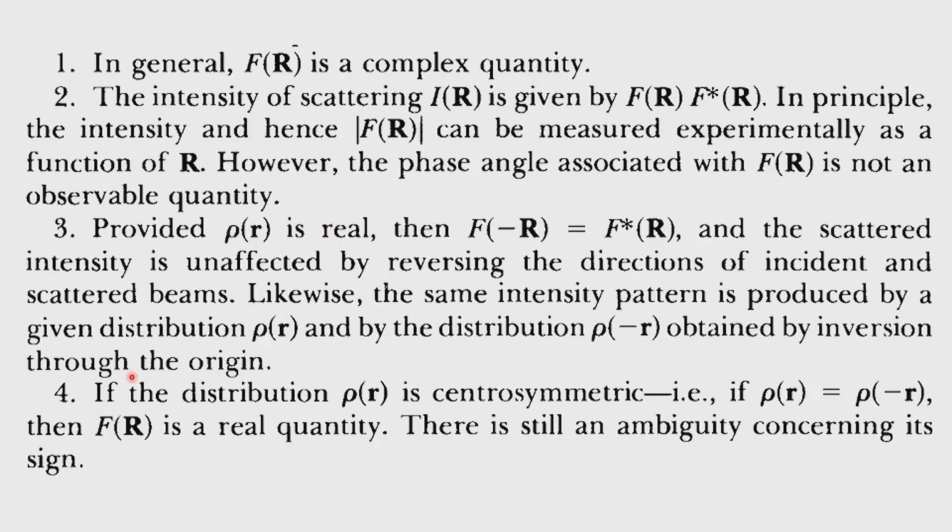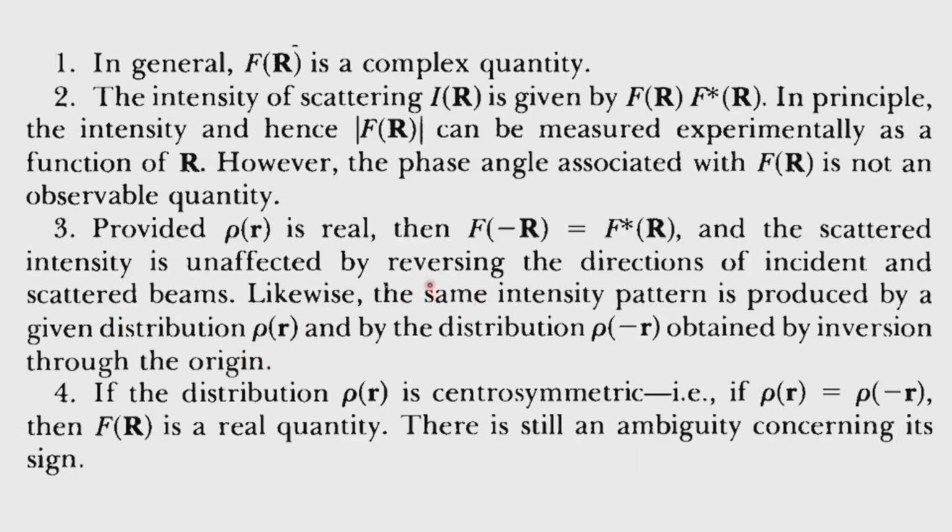Then of course, a special property of f of r is that if rho of r is real, f of minus r can be written as f star of r, and the scattered intensity is unaffected by reversing the direction of the incident and scattered beams. Likewise, the same intensity pattern is produced by a given distribution of rho of r and by the distribution of rho of minus r obtained by inversion through the origin.